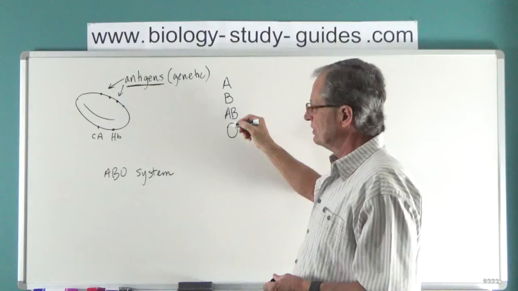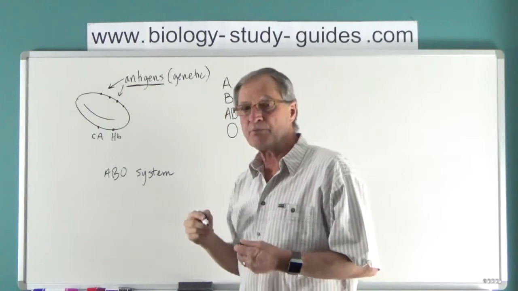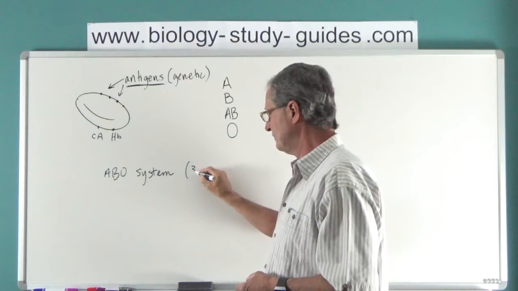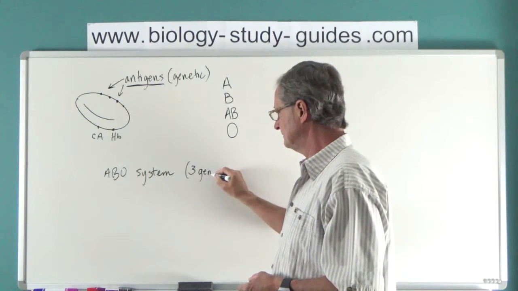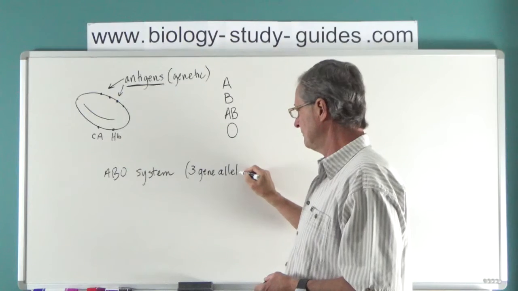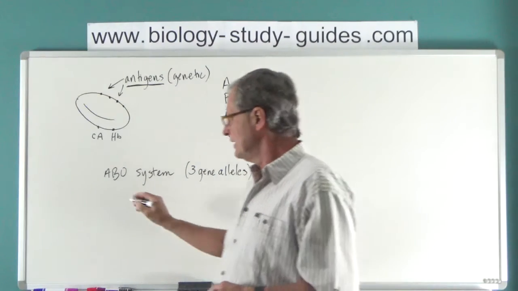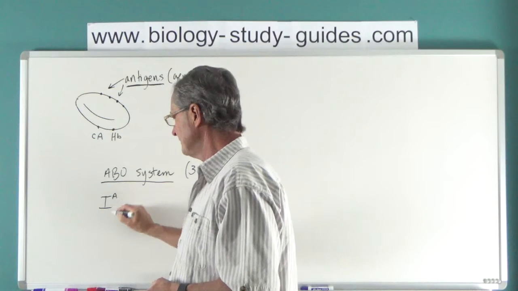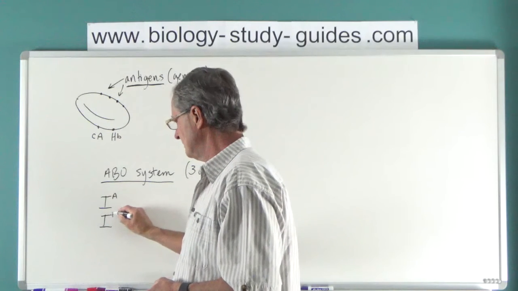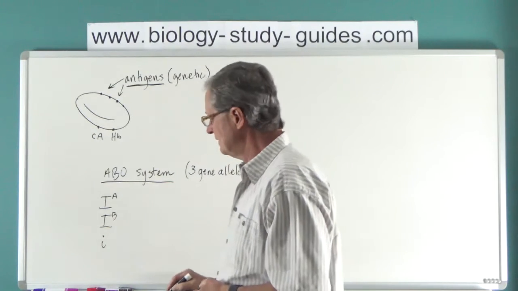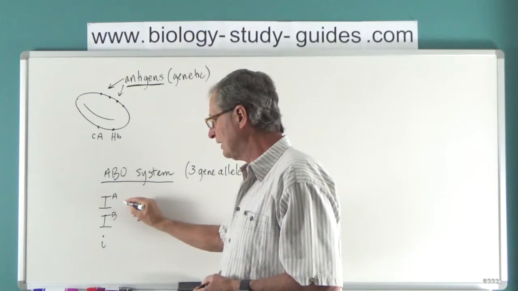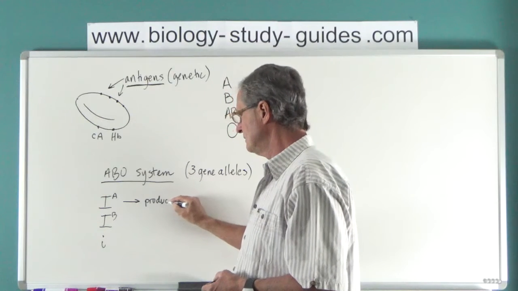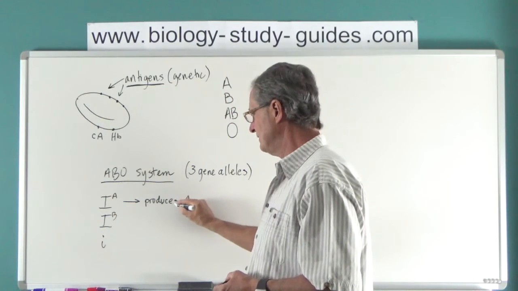These antigens, being genetic, are produced by genes. There are 3 different genes responsible for this system, and 3 gene alleles. They are given these abbreviations. This gene allele produces the A antigen.